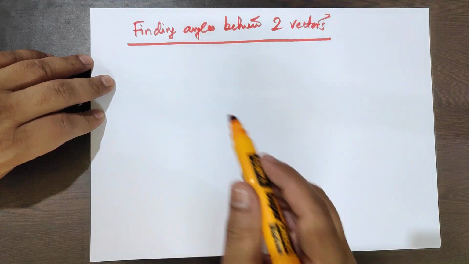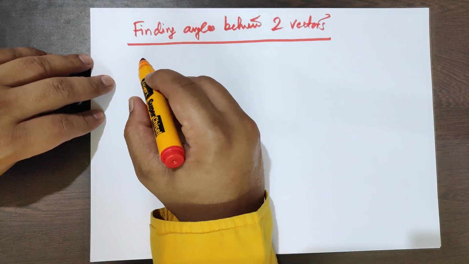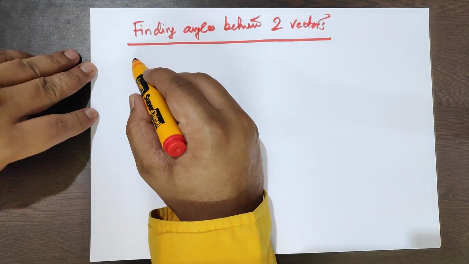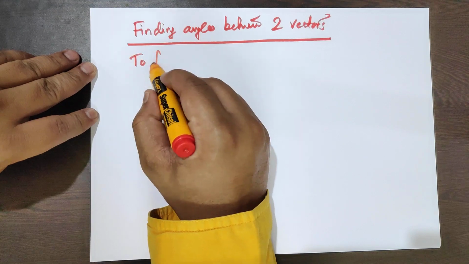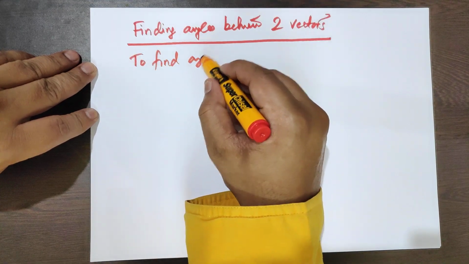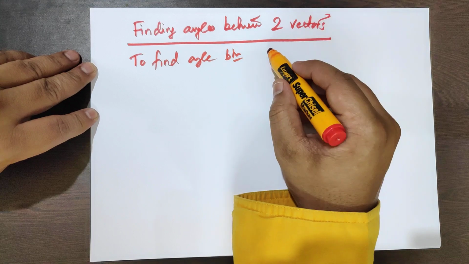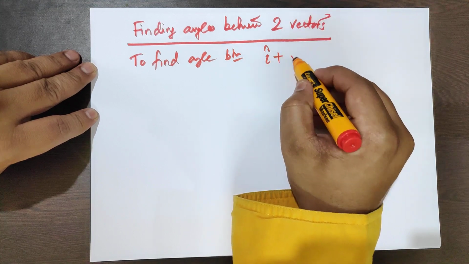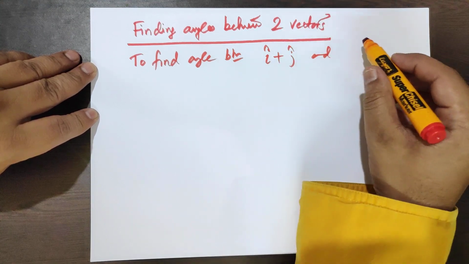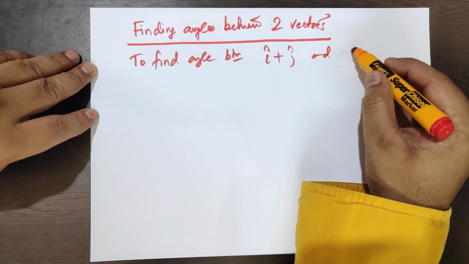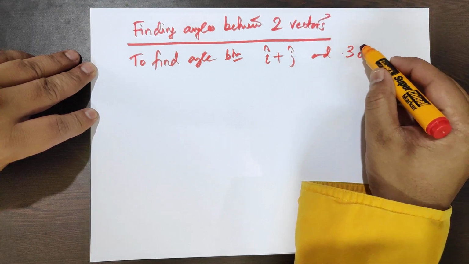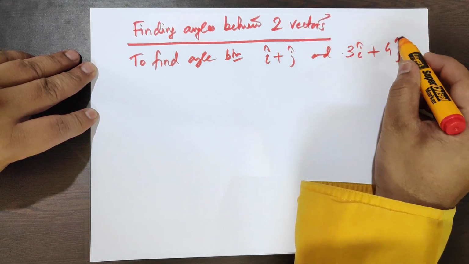Okay, so suppose you have two vectors in the xy plane. Suppose we are to find the angle between, say, i plus j and, say, 3i plus 4j.